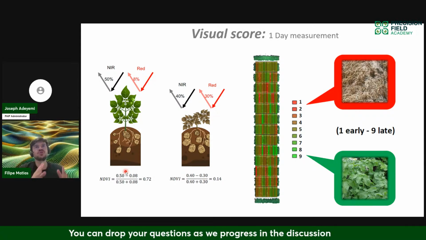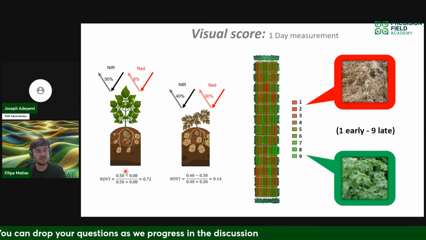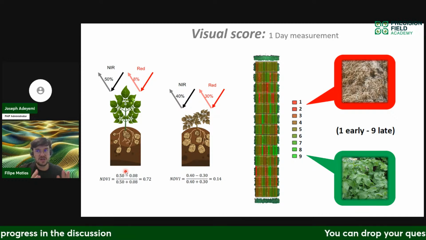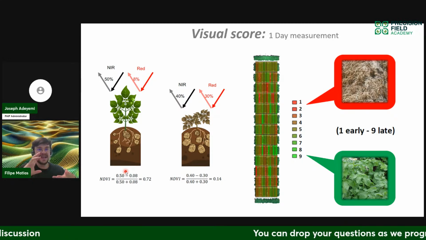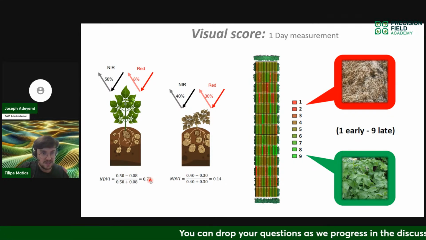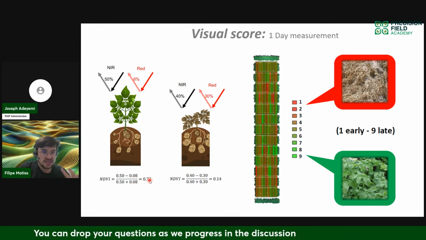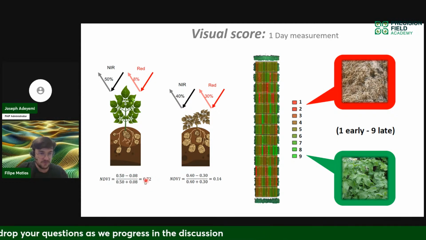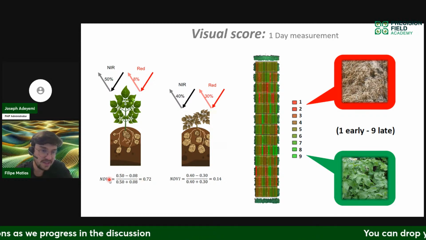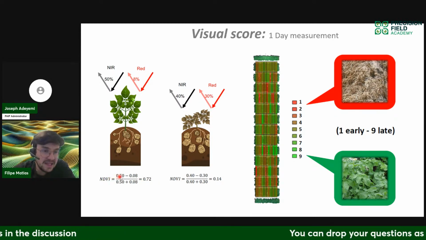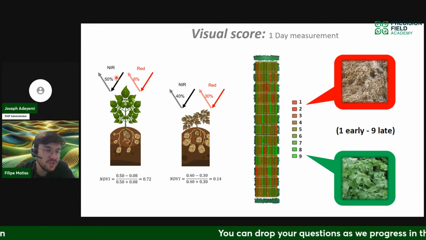So you use different parts of the spectrum that we already mentioned, right? You use that information to calculate a number that has a biological meaning. In other words, as you can see here in NDVI, it is a normalization between NIR and red spectrums.